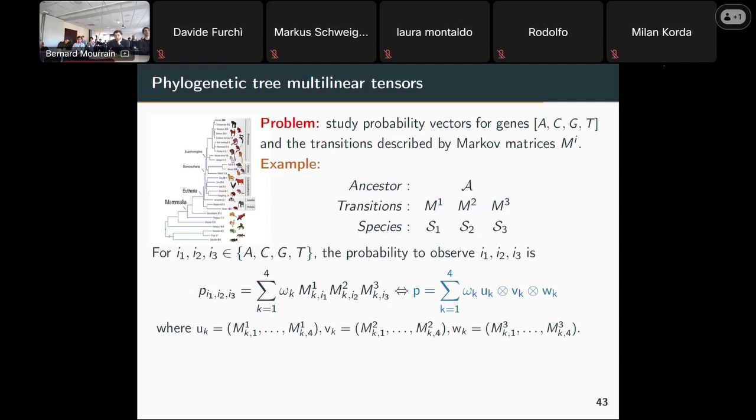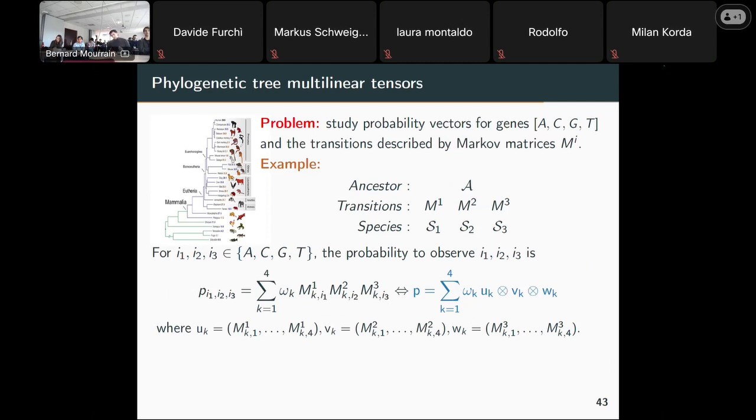And it is modelized in a way that, since they are coming from the same ancestor, there are some relations between the probabilities of having a gene i1 knowing that in A there is a gene k. These relations are expressed by Markov matrices, which give the probability for each species of the transition from A to S1 or S2 or S3.